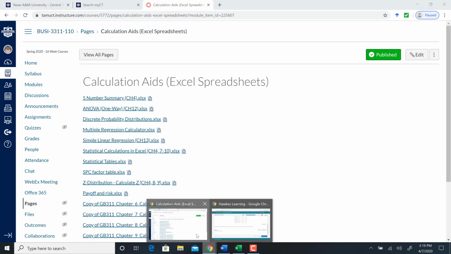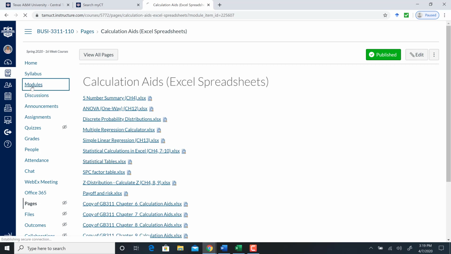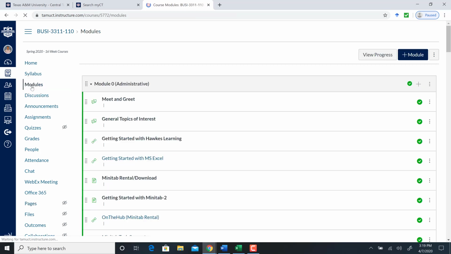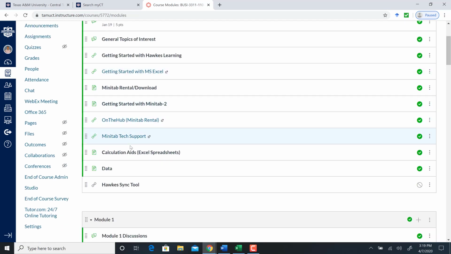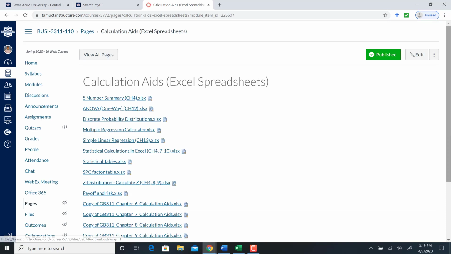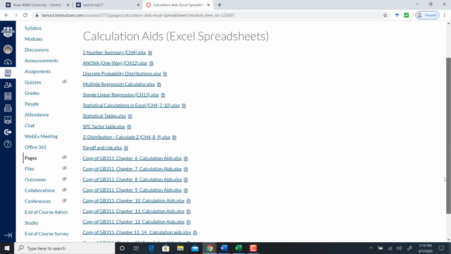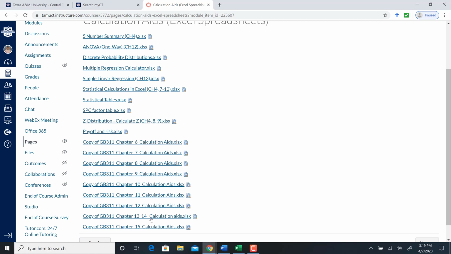I will go to modules in our Canvas page, module 0, and then go to calculation aids, the copy of chapter 13-14 calculation aids.